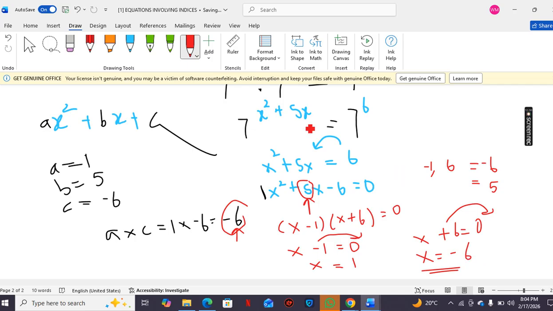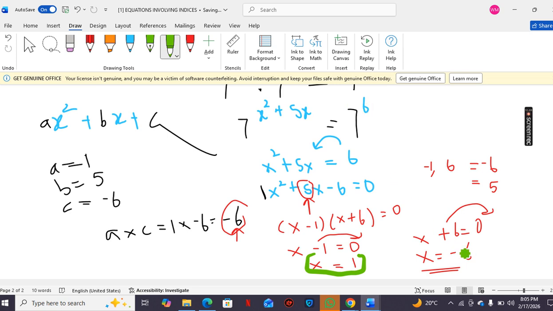And as I said, these things you can prove. That's the beauty of mathematics. If you use x equals 1, you substitute it here. 1 squared, that is 1, plus 5 times 1, that is 5. 1 plus 5, you get 6.